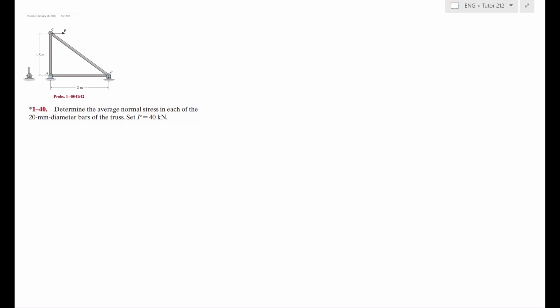We could go through the whole process of finding the support reactions at A and B, but we can actually do this whole problem without having to worry about those support reactions. You'll get really good at seeing those kinds of shortcuts in problems and saving time, which is especially important for exams, so you don't waste time solving supports when you don't need to.